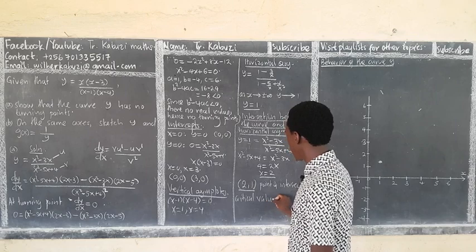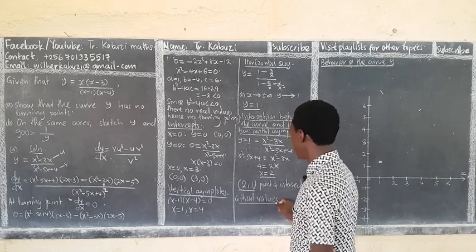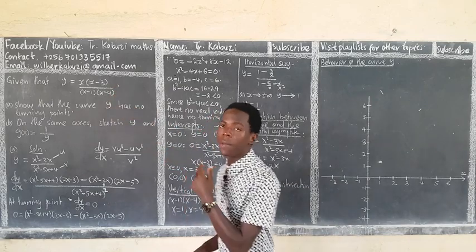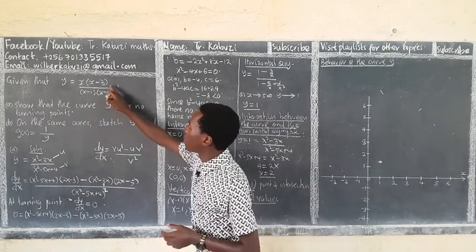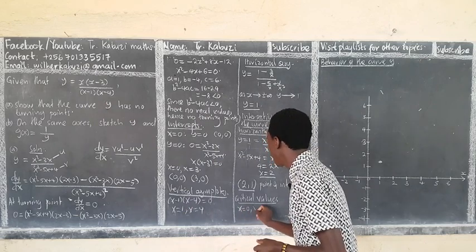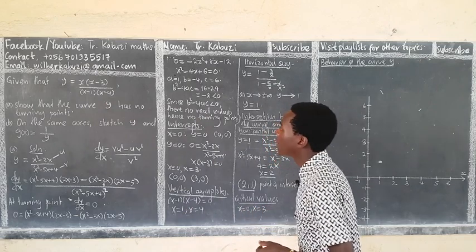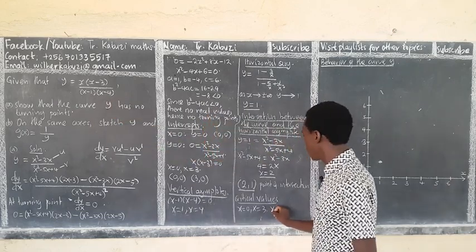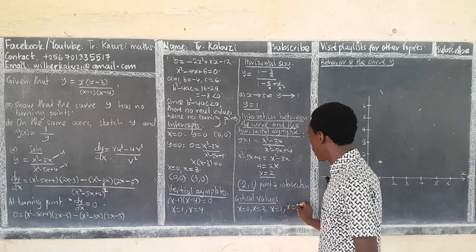How do you get the critical values of the curve? We get the critical values by equating the numerator and denominator to 0. When I equate this to 0, I have the first critical values as x is equal to 0 and x is equal to 3. Then I also equate the denominator to 0. I get x is equal to 1 and x equal to 4.